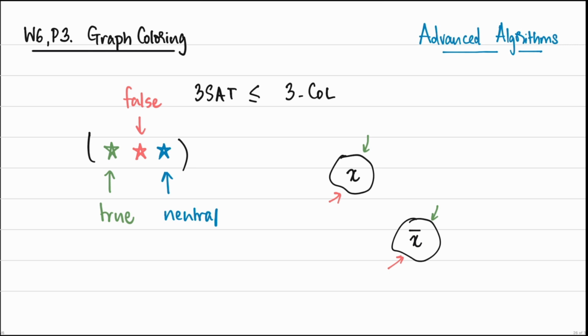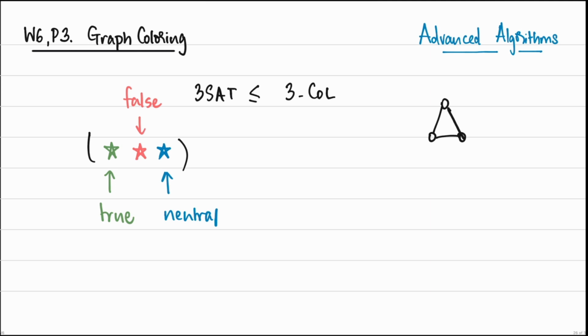So let's first get these colors down in the graph using a universal triangle. So we know that this triangle, we are just going to keep it in one corner and we are going to use it for connections as we go along. So we know that any 3 coloring is going to give 3 different colors to the 3 different vertices of this triangle.